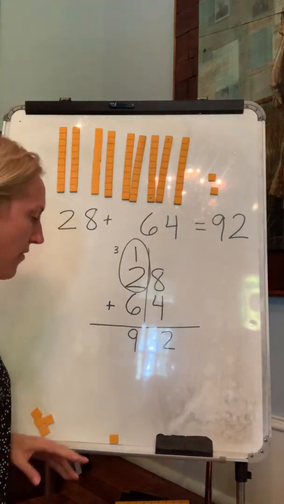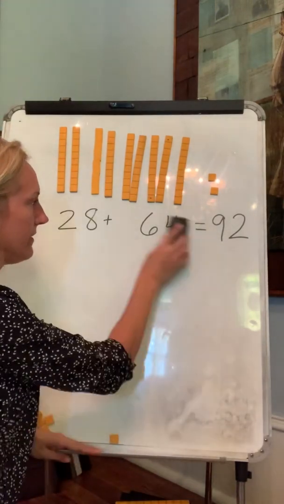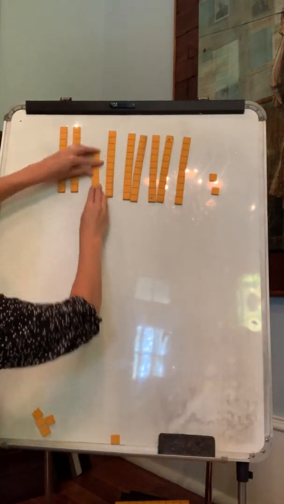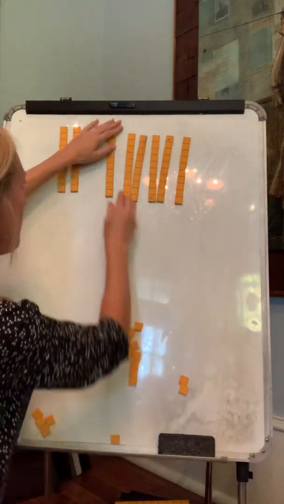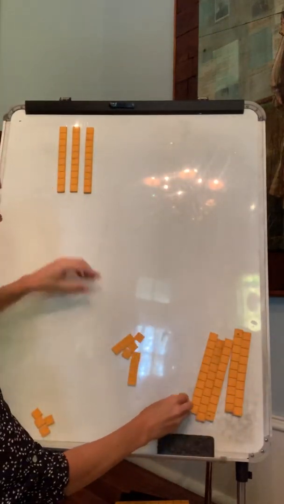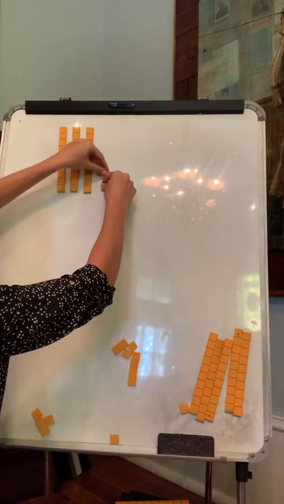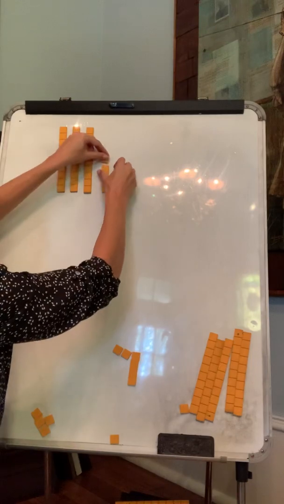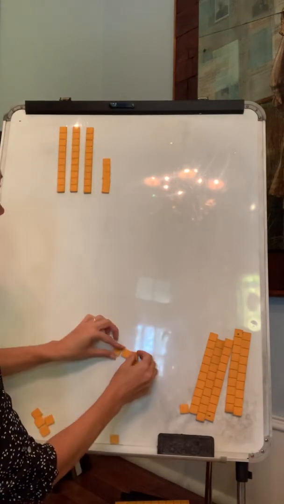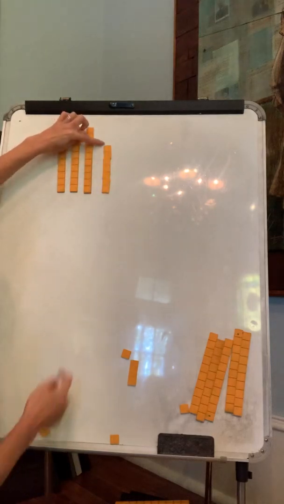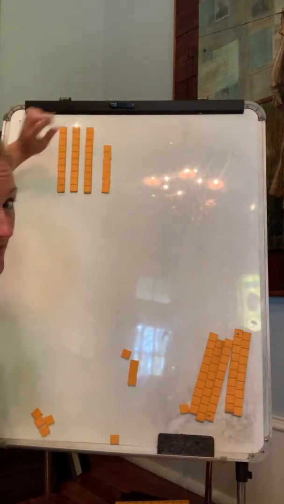Okay, so let's do another one to practice that. Okay, so let's go like this. Let's start with 30. Let's do 36. Actually, we're going to do 37. 1, 2, 3, 4, 5, 6, 7. Has it gotten up here to make another 10? Nope.